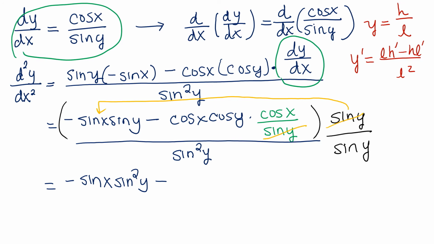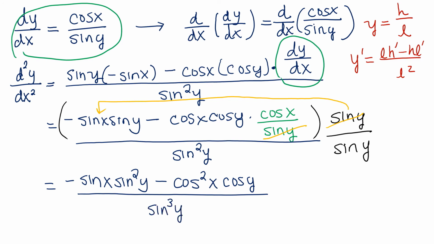That'll end up canceling the sine y's, and so now you'll have cosine squared x cosine y, and all of that will be divided by the product of sine squared y times sine y, which would be sine cubed y. So d squared y dx squared is equal to, in the numerator, negative sine x times sine squared y minus cosine squared x times cosine y, divided by, in the denominator, sine cubed y.